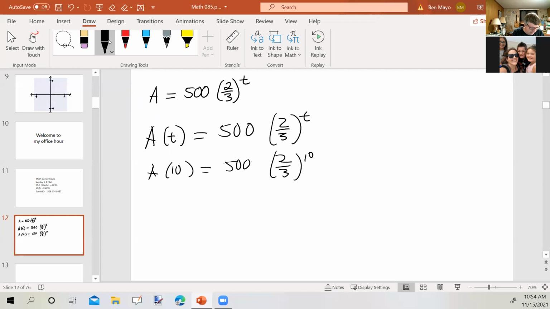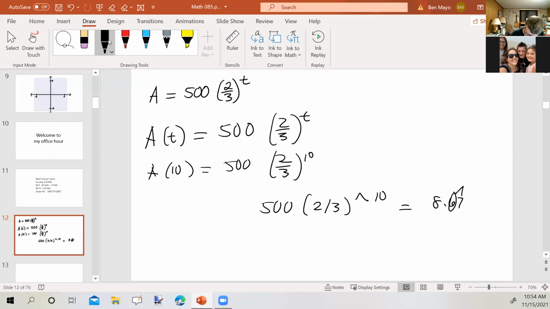On my calculator, I wrote 500 parentheses 2 divided by 3 close parentheses to the 10th power equals, and it said round to nearest 1/10 of a gram, and I get 8.67.